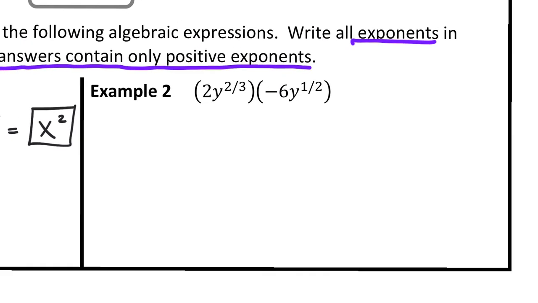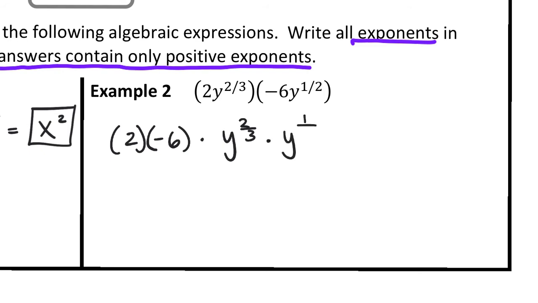Okay, here we have numbers and variables. So let's group them together like we've done in the past, where we group the numbers: 2 times -6, and then y to the 2/3 times y to the 1/2.